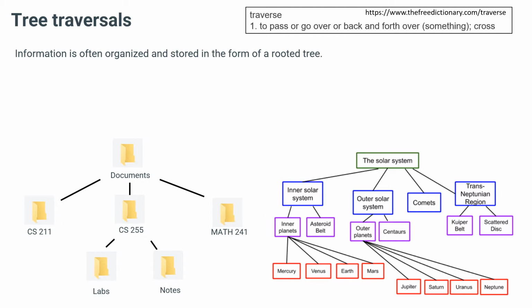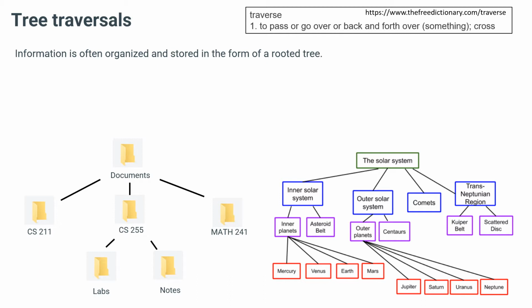Over here on the right, we have a diagram of the solar system. Lots of things are easily organized in the form of a tree like this, where we start with a main category and then we break it up into some different categories, and those categories can be broken up. Now let's say that we have some system like this, and we want to print out what each of these vertices has in it.